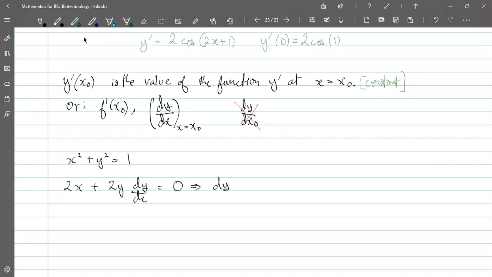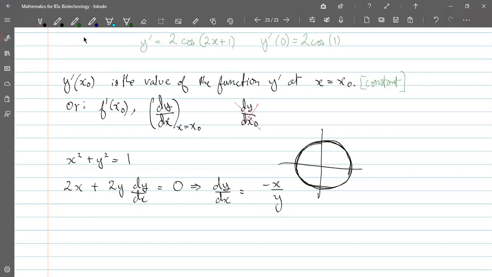So you get dy by dx is equal to minus x by y by taking this to the other side, right? Now in this case, also recall that this is not really a function, but two different functions. You can say multi-valued function, but multi-valued is by definition not a function, although sometimes we say it that way. What we really mean is it's actually two different functions given by the same equation. Okay.